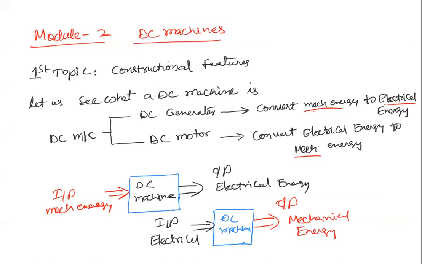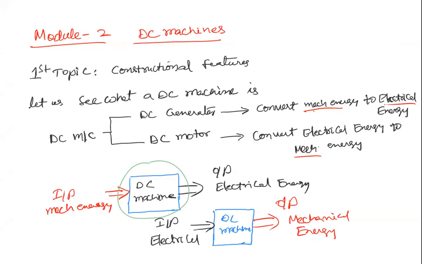Inside this machine you have some arrangement, and that arrangement supports the working principle. The arrangement of the constructional features, or the parts of the DC machine, supports the working principle to work and convert the input energy from one form to another form.